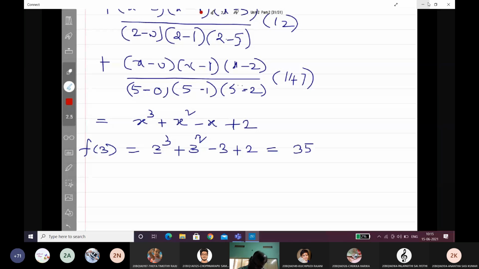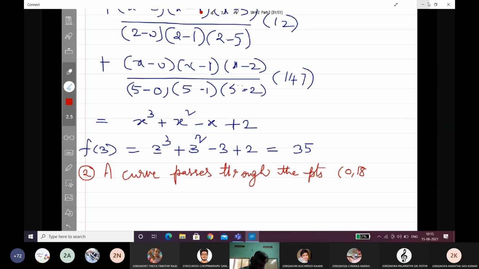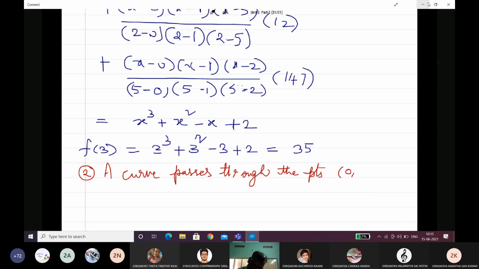A curve passes through the points (0, 18), (1, 10), (3, minus 18), and (6, 90).